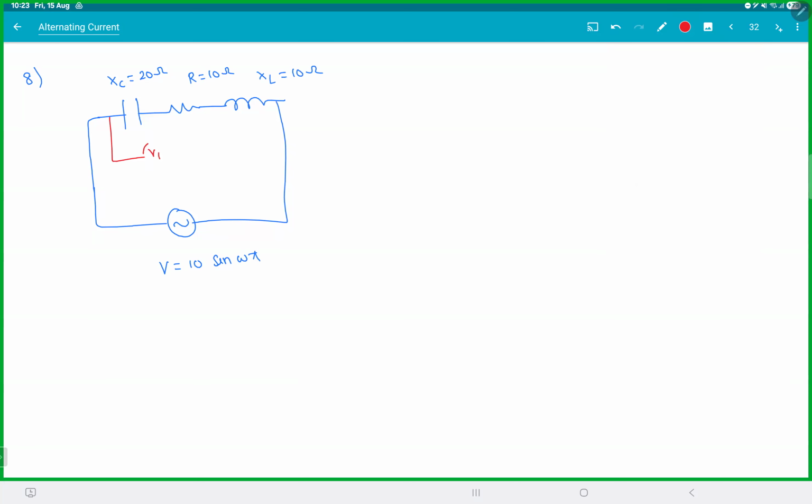You kept a voltmeter V1 across these two guys. And you kept a voltmeter V2 across these two guys. Find current in the circuit. Find I of t, VR of t, VL of t, VC of t, reading of the voltmeters.